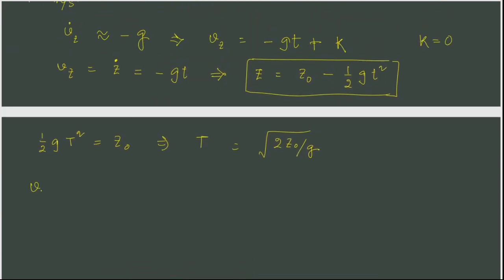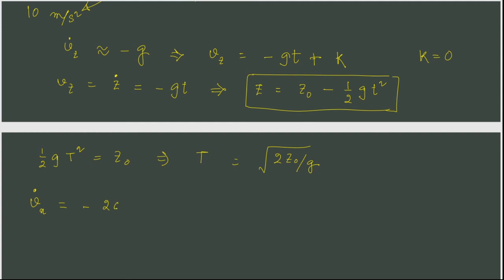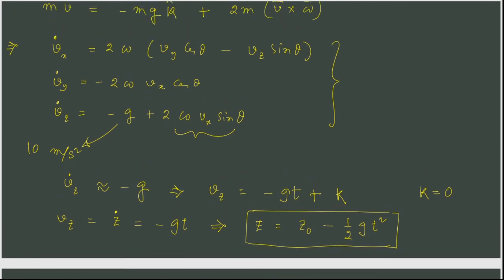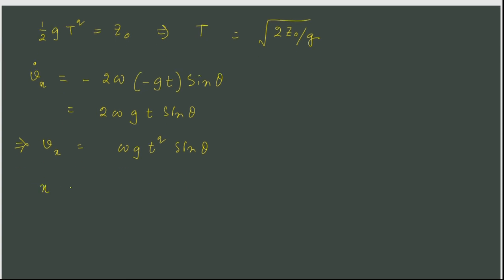So we will have Vx dot equal to... I'm just substituting the expression of Vz in this expression to get this. So if we integrate it once, we get the Vx, and if we integrate the above equation once more, we get x.